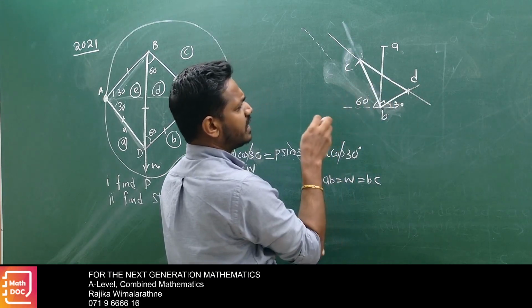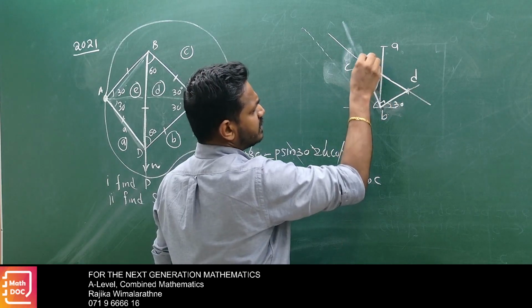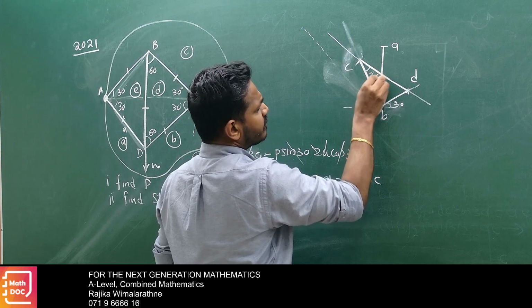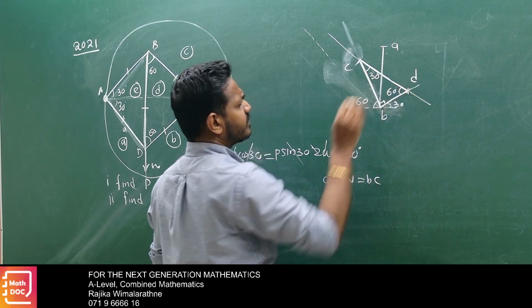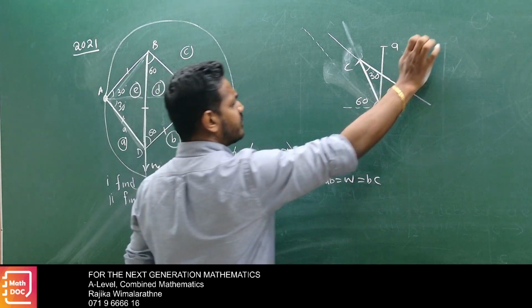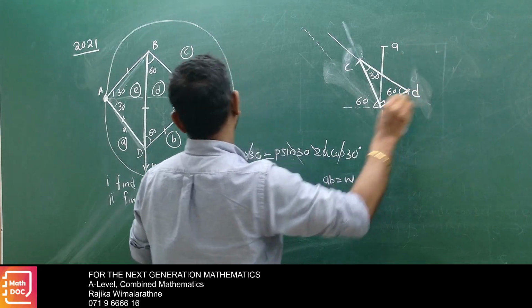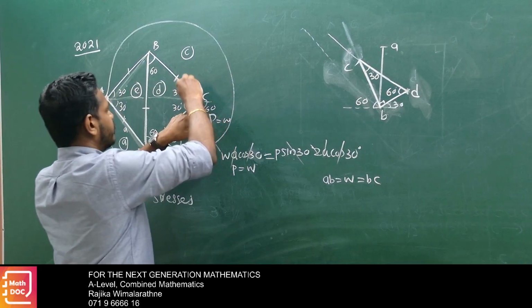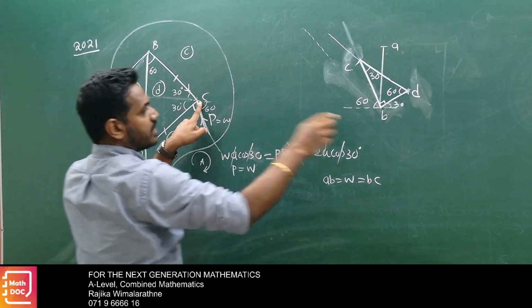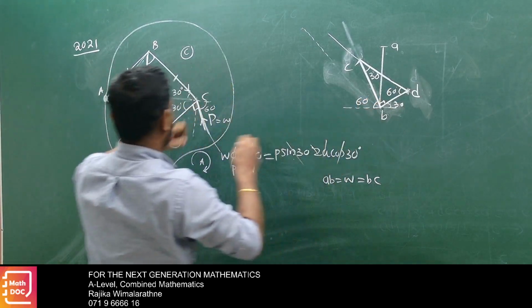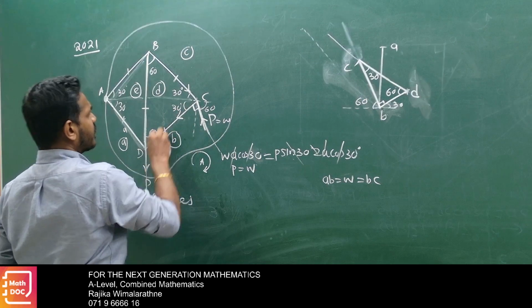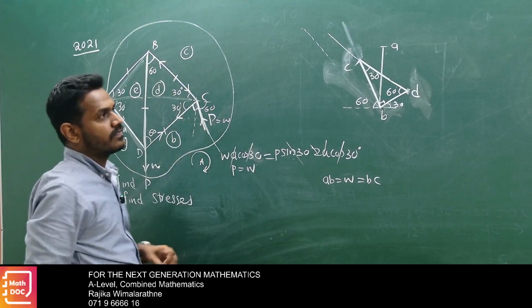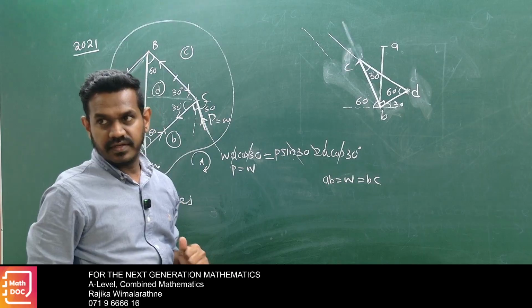This is 90. Here 30, and here 60. At the same time mark forces. CD this way. DB this way.